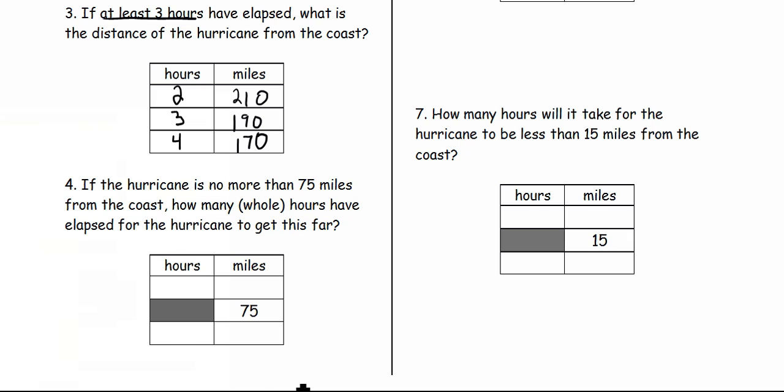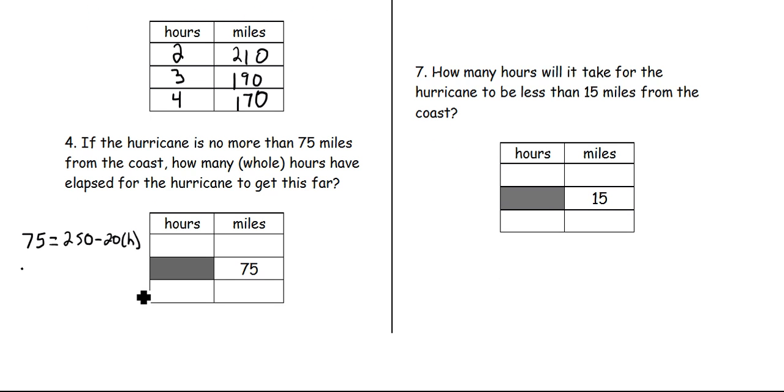So miles would be my y equals 250 minus 20h. Alright, so if I want to do this by hand, just to show you that you don't have to have a calculator. So if it is no more than 75, I'm going to put this over here because we like to do this.